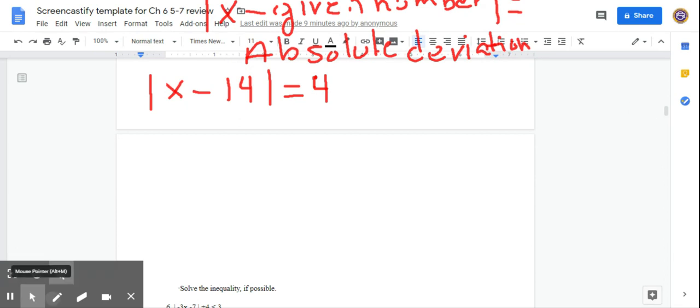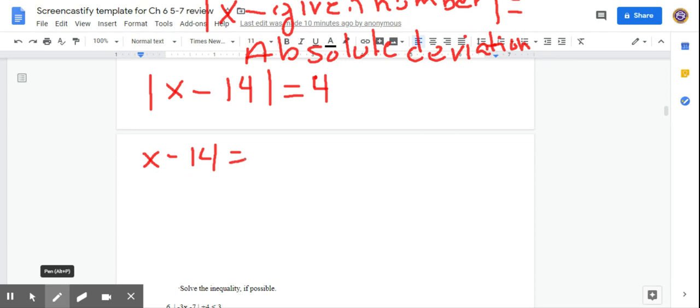Again, 2 equations, 2 solutions, which we know because it asks what's the least score and the highest score. So we're going to drop and rewrite. x minus 14 equals 4, and x minus 14 equals negative 4. Add 14 to both sides.